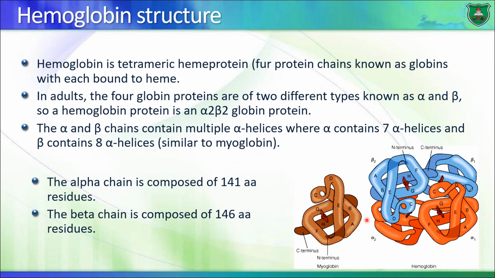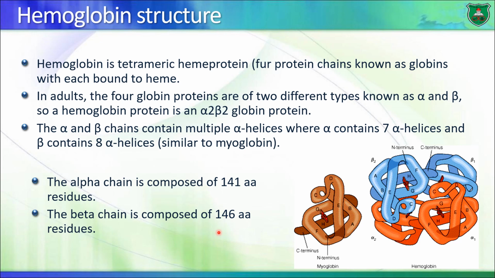And these helices are also designated as A, B, C, D, etc. So all the way to H for the beta chain, and G in case of the alpha chain. Now something else is that the alpha chain is composed of 141 amino acid residues, but the beta chain is composed of 146 residues. Remember this 146 number right here.